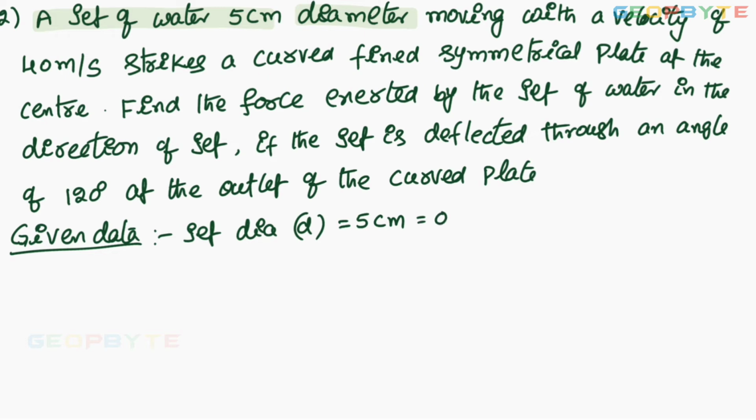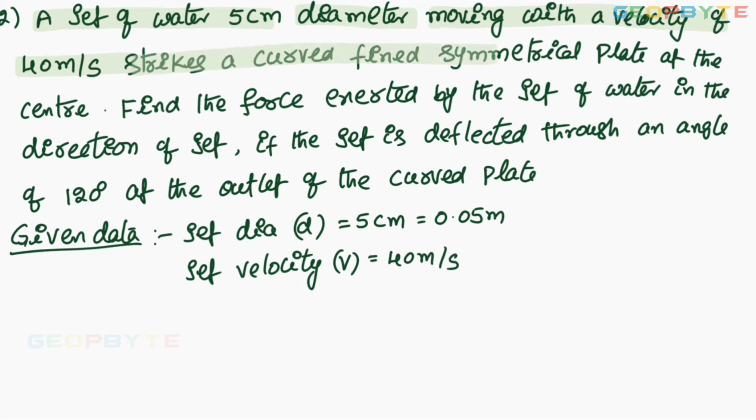It is equal to 0.05 meters. Moving with a velocity of 40 meter per second. Jet velocity V equal to 40 meter per second.